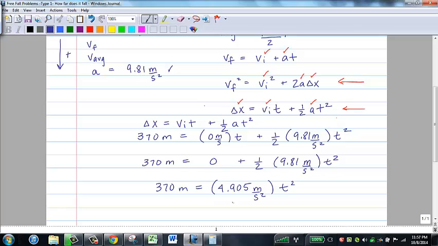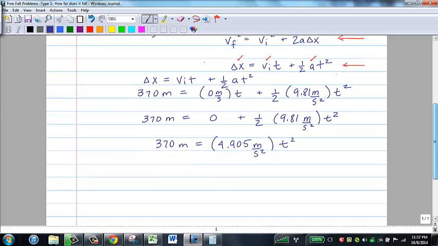Now, I can't really have 4 significant figures there, but I'm not going to round off my answer till the end. So I'm actually going to keep all those significant figures until I write my final answer, which is actually only going to have 2 significant figures because of the value 370. Divide both sides by 4.905.